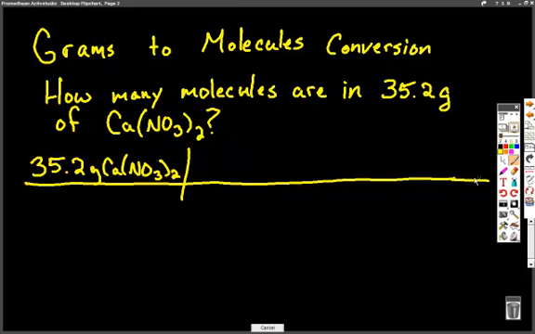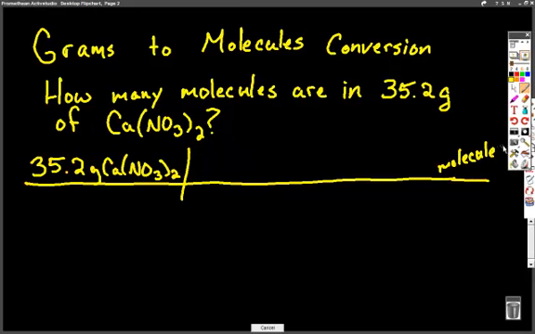We're solving for molecules, not moles, but molecules, which is the count of individual Ca(NO3)2 in our sample size. Now, in order to go from grams to molecules, there is no conversion factor that gets us directly from grams to molecules.